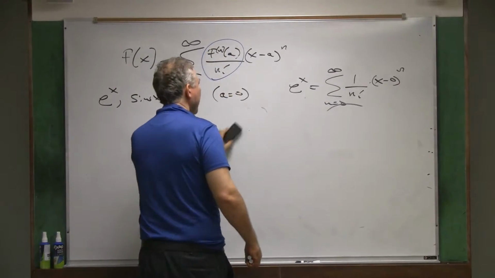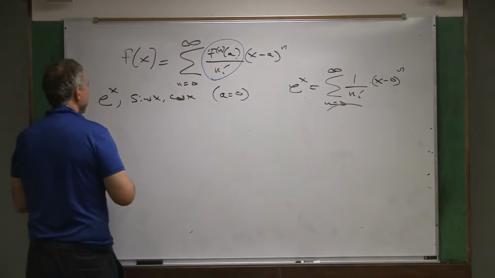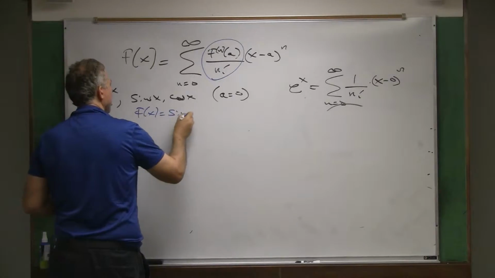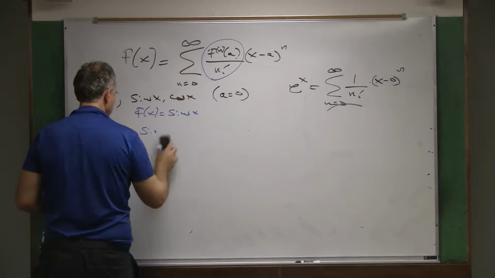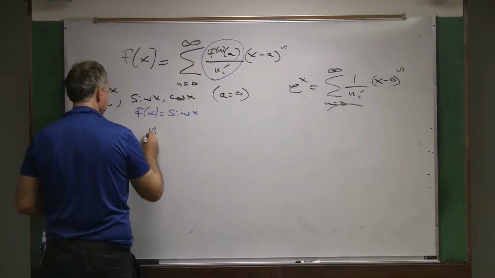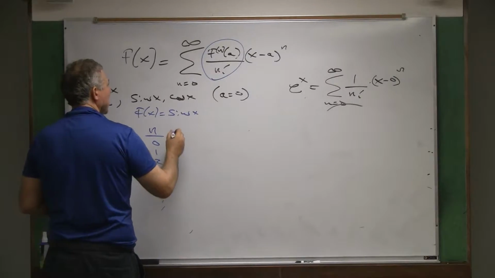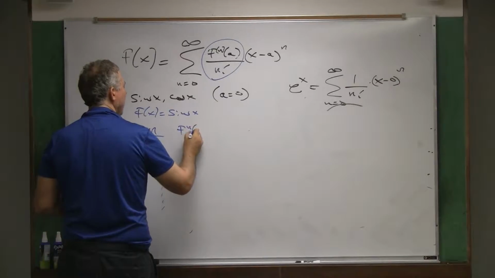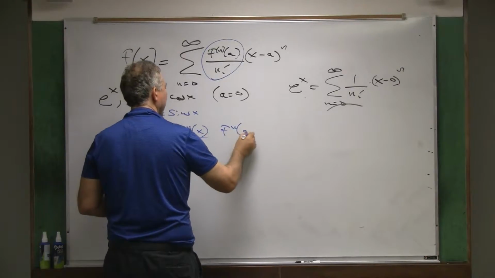So again, I'm going to create 3 columns. Now let's have f of x be sine x. I'm going to take the n: 0, 1, 2, 3, etc. Then I'm going to take the nth derivative of x, and then the nth derivative at a.